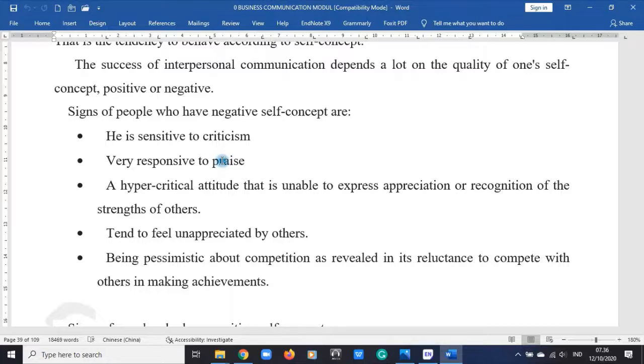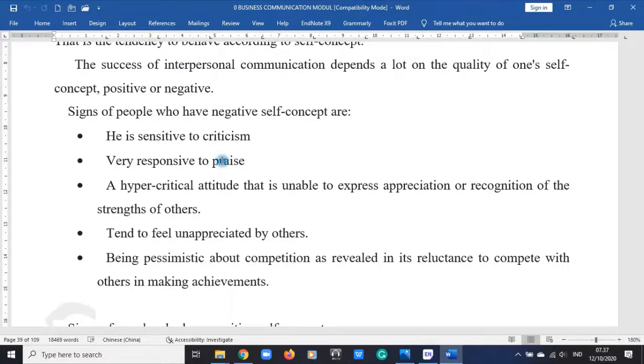People with negative self-concept usually give less appreciation to other people and don't want to acknowledge the strength of others, because they think they're the best among the others. So they tend to be unable to express appreciation.